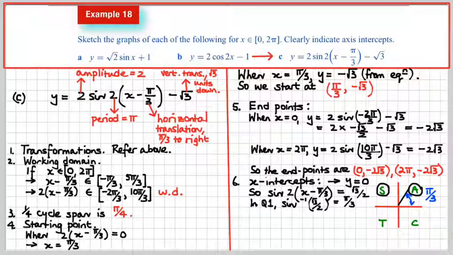In quadrant 1, the angle whose sine is root 3 on 2 is pi on 3. So therefore we want quadrants 1 and 2.